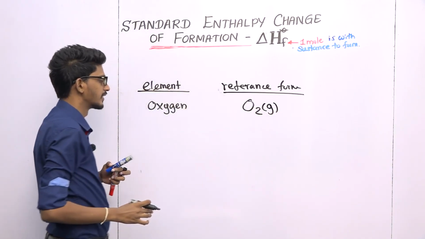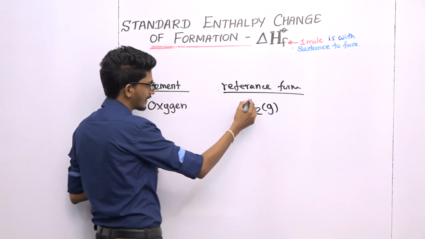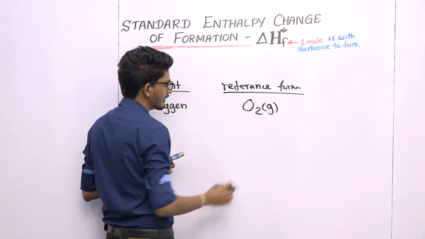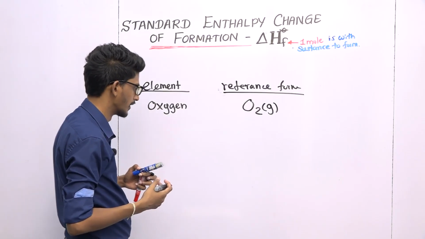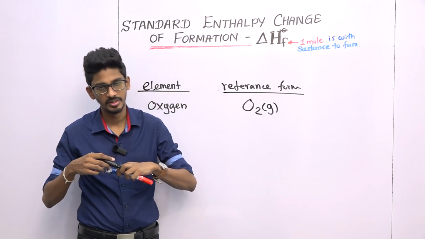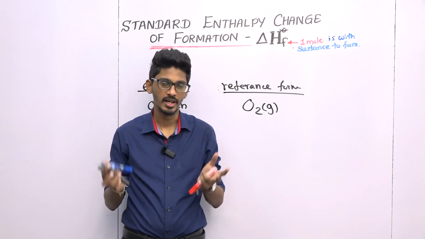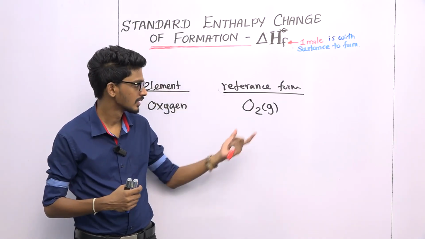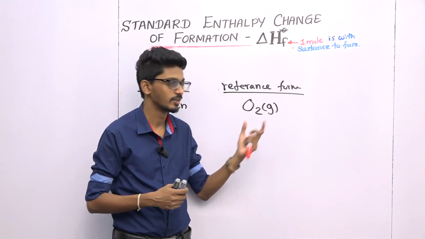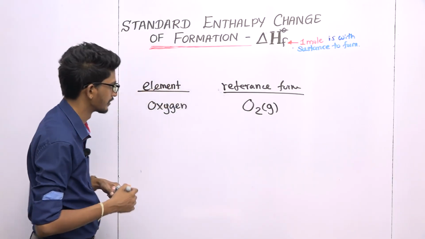Oxygen appears as a diatomic molecule in the gaseous state. That is the most abundant form of oxygen. Elemental oxygen has two forms, O2 gas as well as O3, ozone, but the most abundant form is O2 gas. So that is oxygen's reference form or reference state.